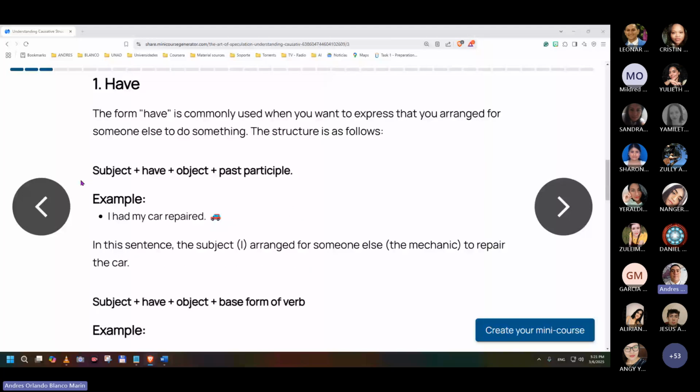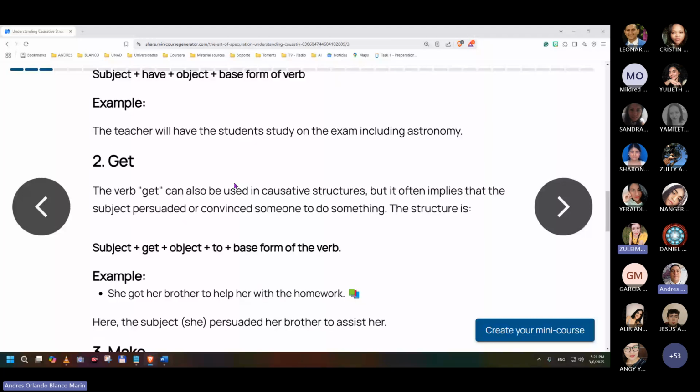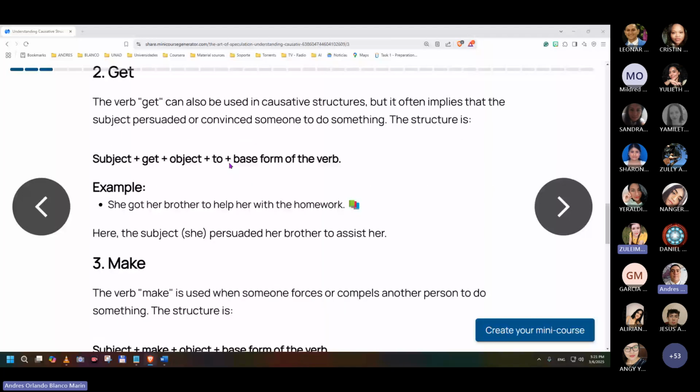Have, the structure is subject, have, object, past participle, and get is subject, get, object, to, base form of the verb. So what's the difference? The base form and the past participle.